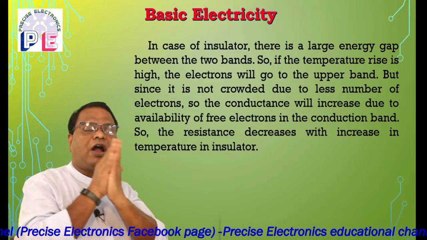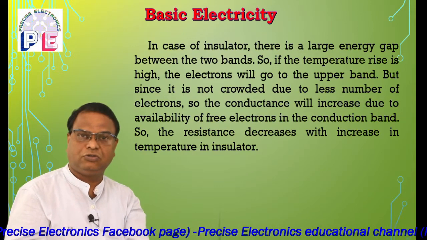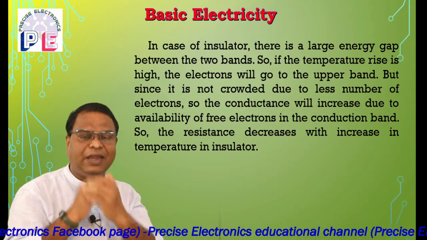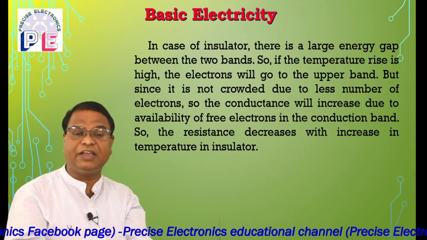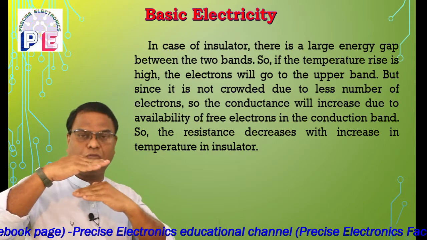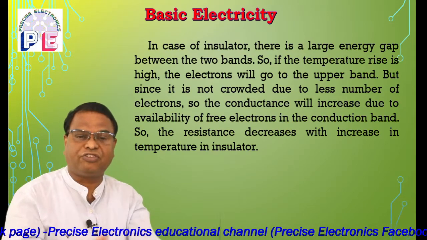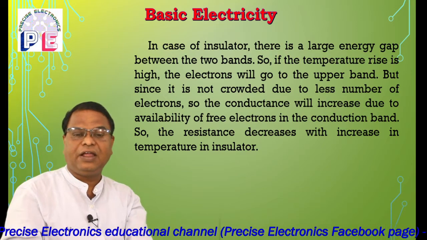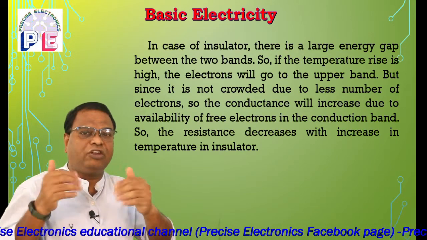So if the temperature applied to the insulator is very high, then electrons move from the valence band up to the conduction band, and it is not crowded because it is almost empty.